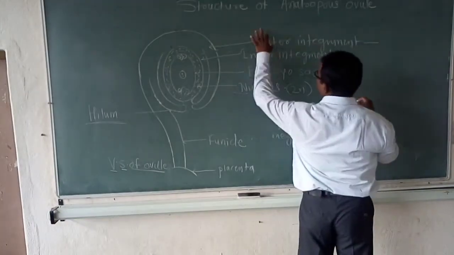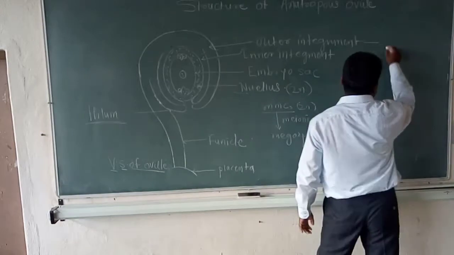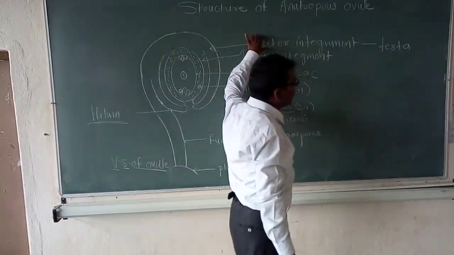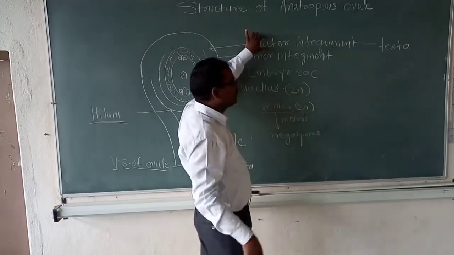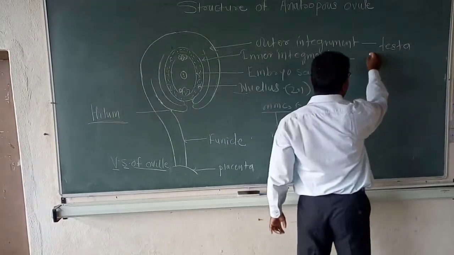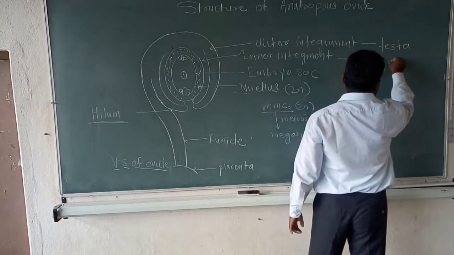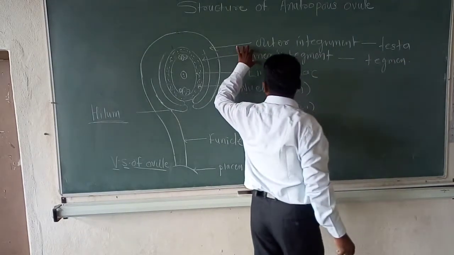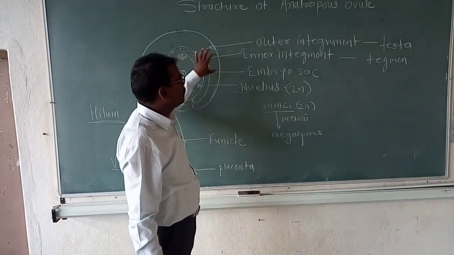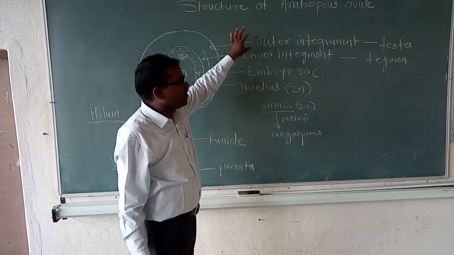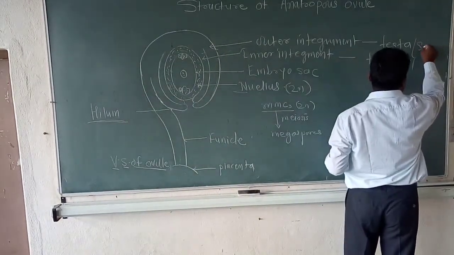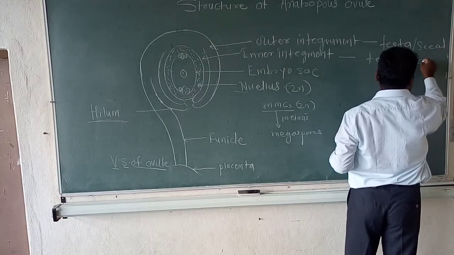Outer seed coat is called testa, formed by the outer integument, and inner seed coat is called tegmen, formed from the inner integument of the ovule.